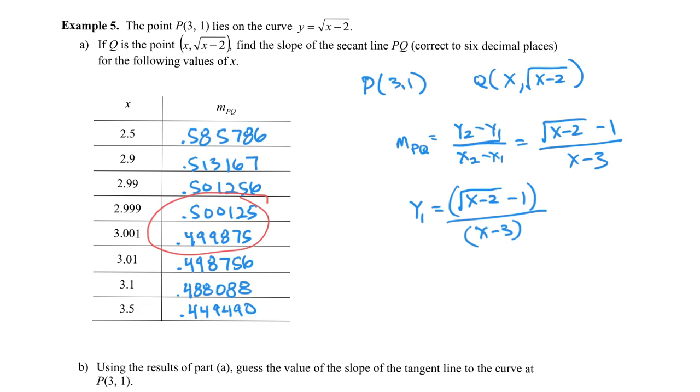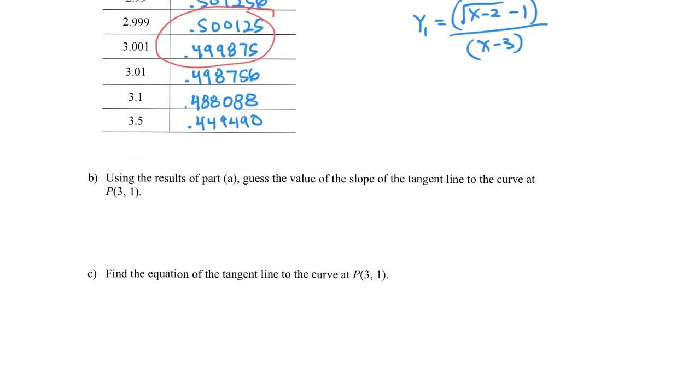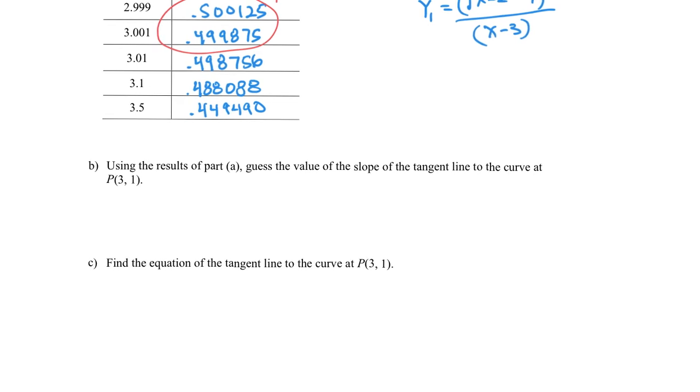So if we had to guess, for part B, using the results of part A, guess the value. Well, if I had to guess, I would say it's probably 1/2. And once we learn how to take derivatives, we'll be able to see exactly what it is. But at this point, we're guessing. And once again, we happen to guess correctly. So it is 1/2 here.